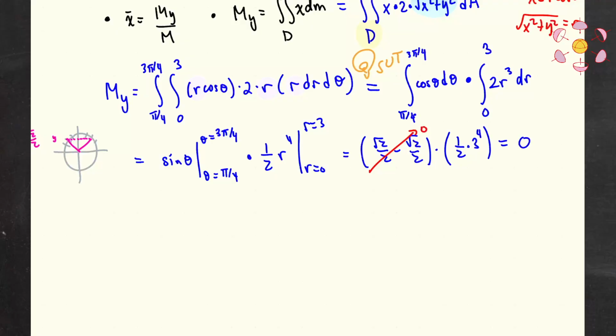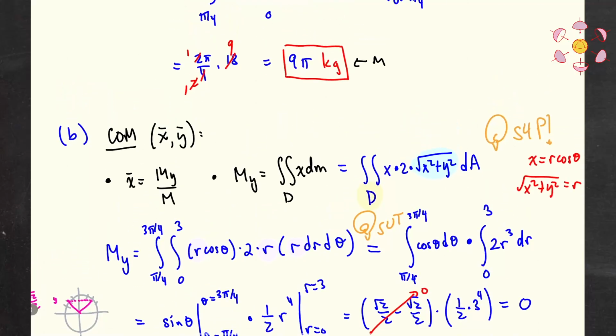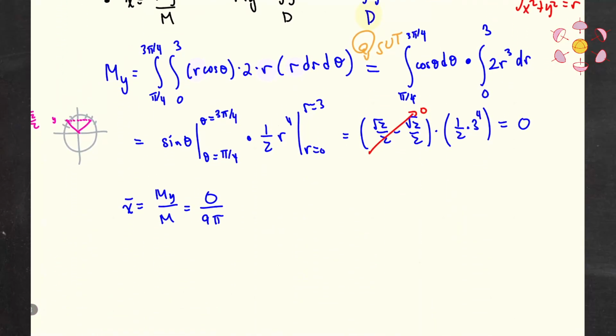So we've got that our moment My is 0. That tells us that x bar, which remember is My over M, is 0 over 9 pi. 9 pi was, yep, our mass in the first step. This tells us that x bar is 0.